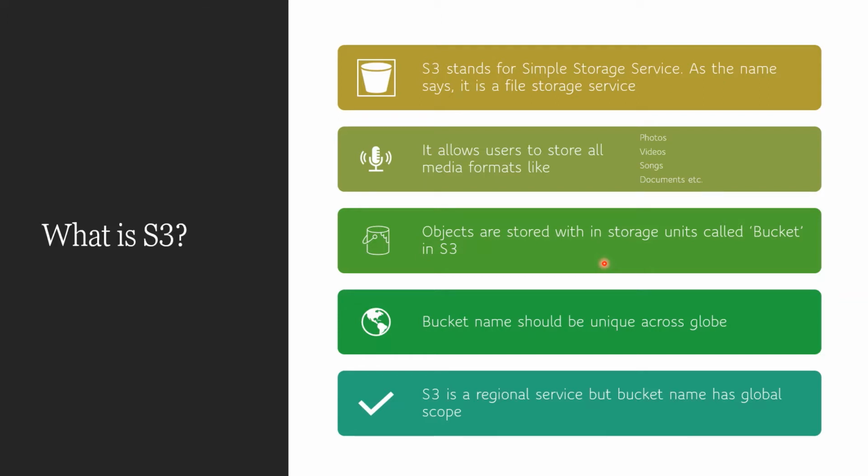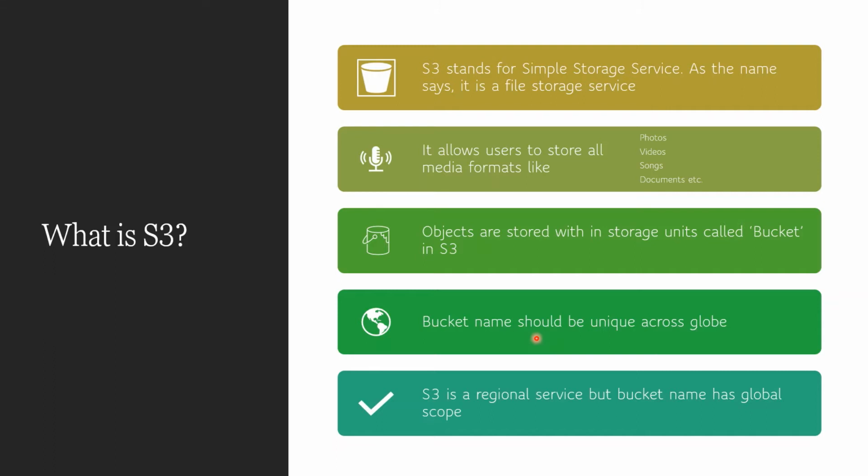As I have mentioned, you can't upload anything in S3 in a free way. You have to create the bucket first. So when you launch the S3 service, you have to create the bucket first, and then within the bucket you upload your files. Then, the bucket name should be unique across the globe.